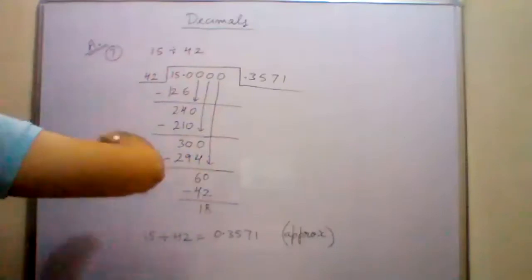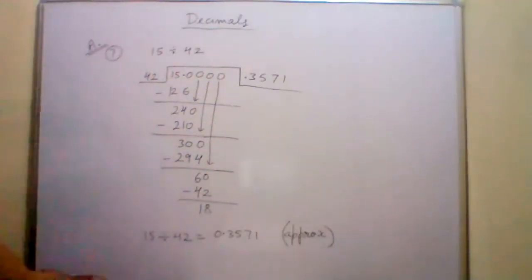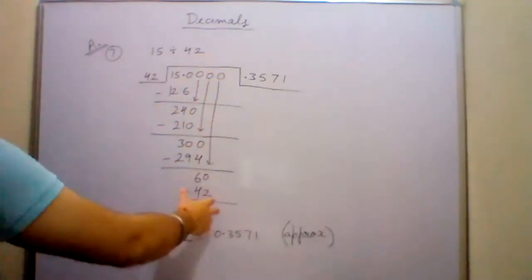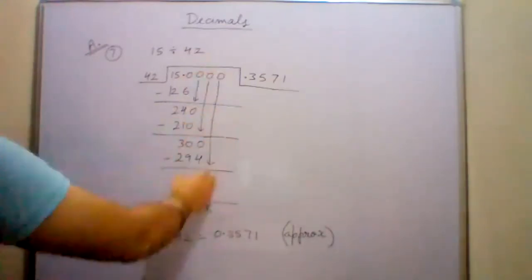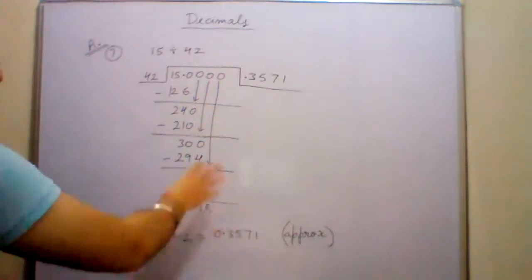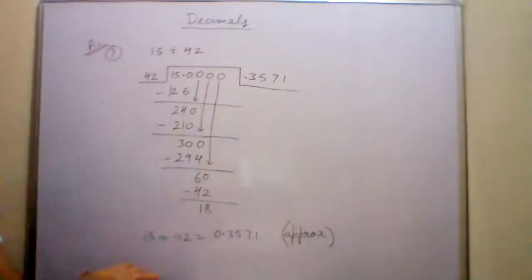Sir, why are we not getting more zeros, as in 18 to make it 180? We can copy down another 0, and if you keep on dividing, you can keep on copying 0. If you continue dividing, then also you will not get 0 as the remainder.